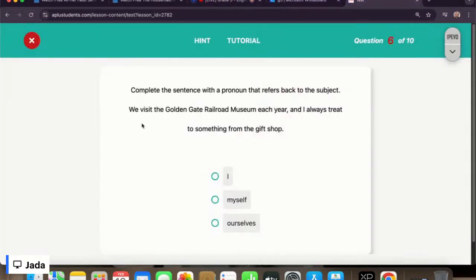Okay. Then we visit the Golden Gate Railroad Museum each year, and I always treat to something from the gift shop. I, myself, or ourselves.